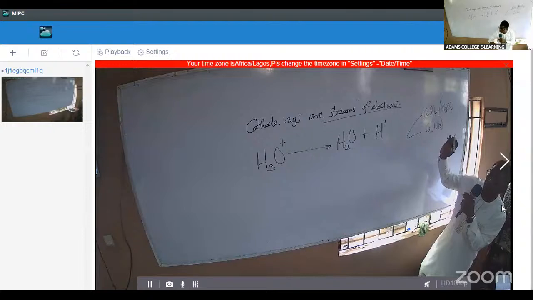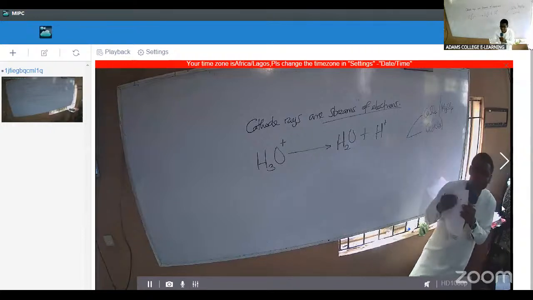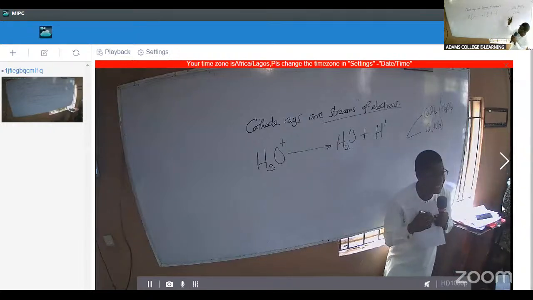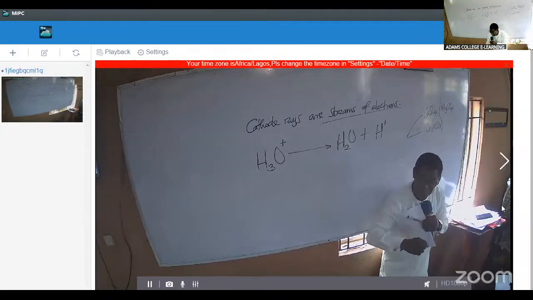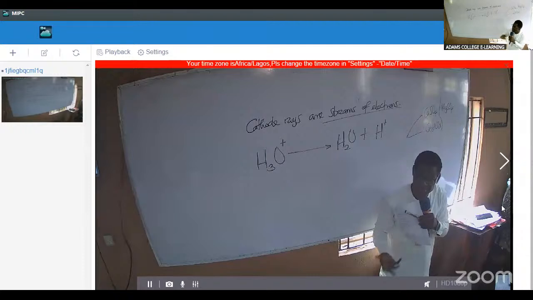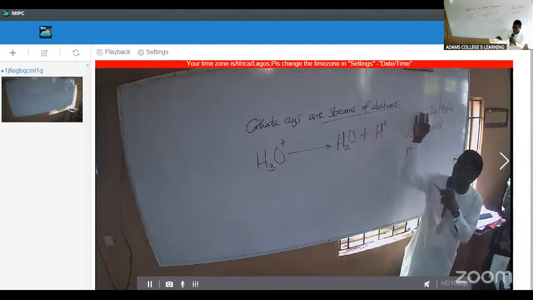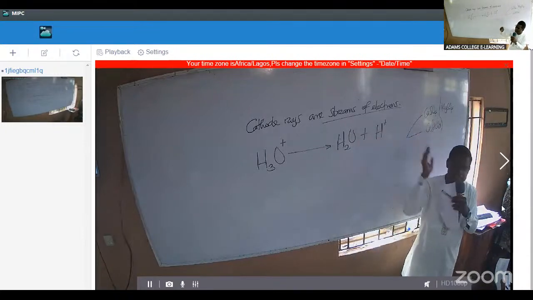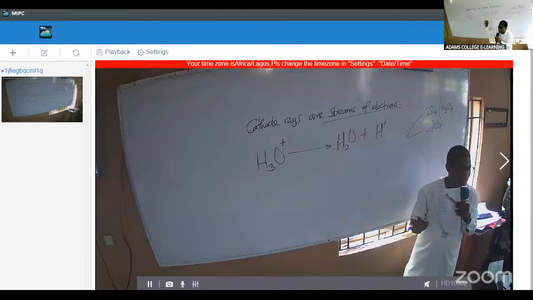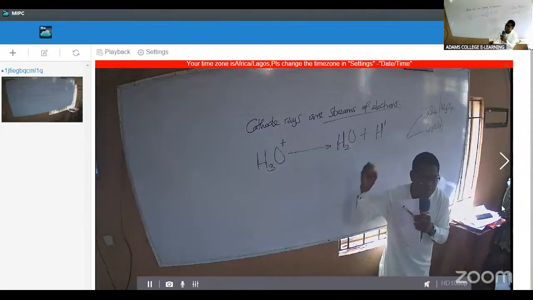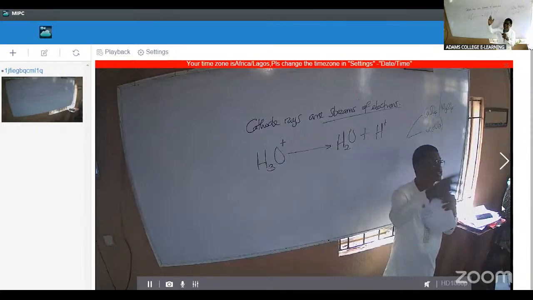You put soap, you won't see foam coming out easily. But if you put detergent, even when these are there, it will lather easily. Detergents are not affected by hardness of water, but soap is. Because detergent is a water-soluble material, and what makes it water-soluble is the presence of positive and negative ions.